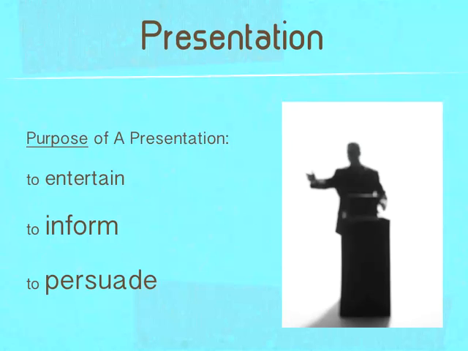So it is higher than just informing. With a persuasive presentation, you want to make people take action, so they don't just listen but they also take action. So there are three purposes of a presentation: to entertain, to inform, and finally to persuade.